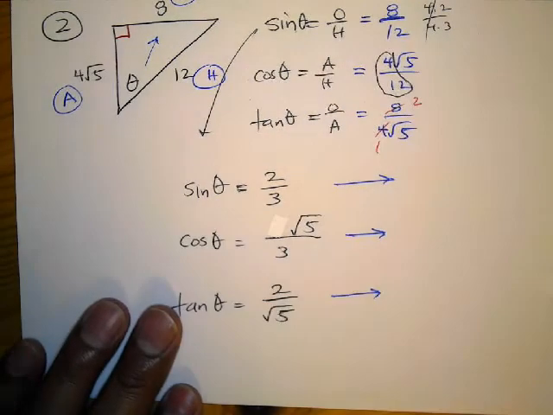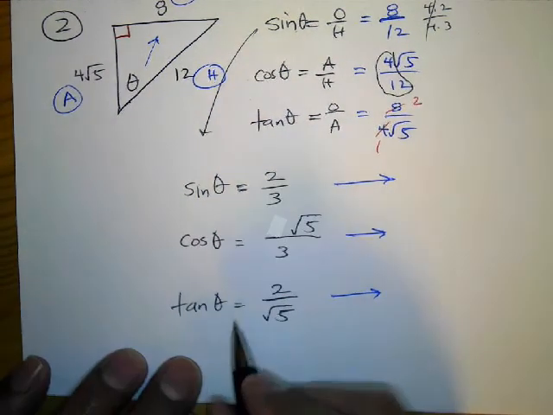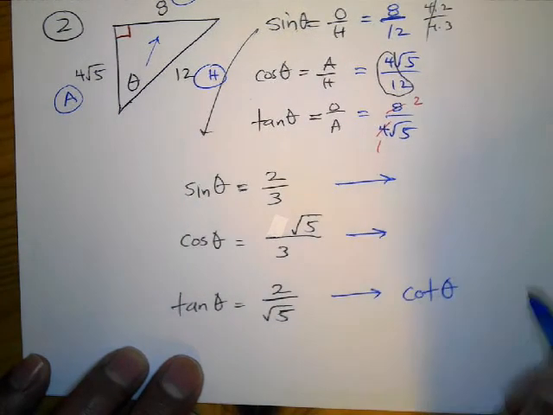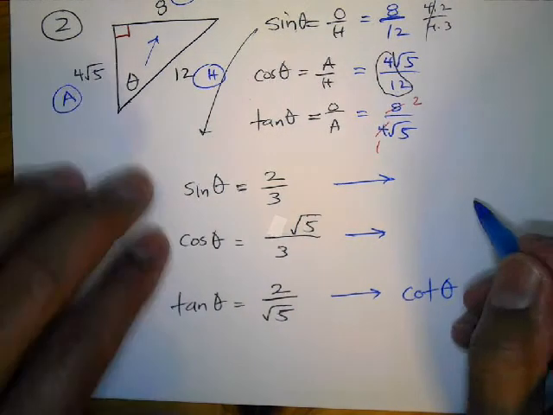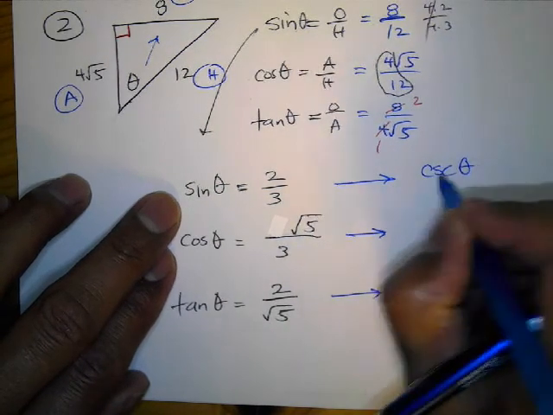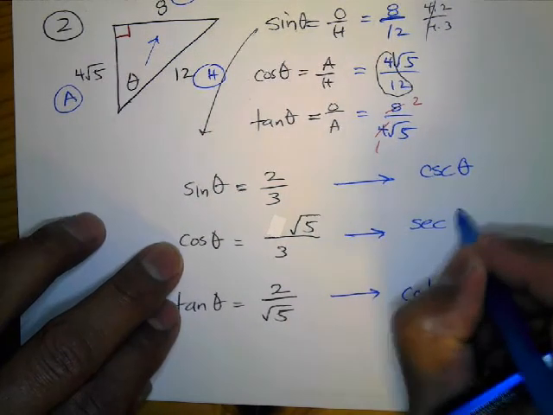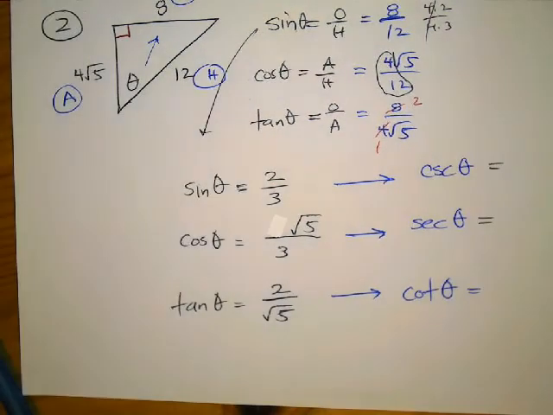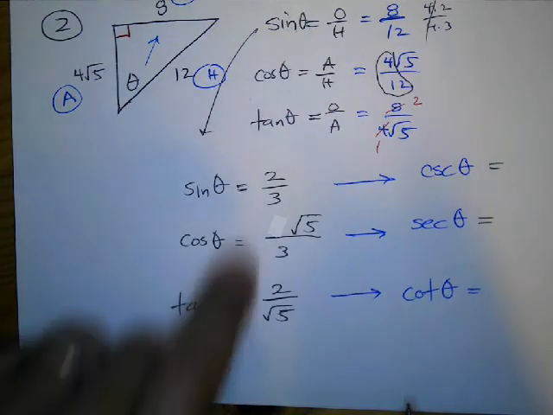Okay, so now, what are the reciprocal identities, or sometimes they call them reciprocal functions? Well, again, I like to start with tangent. Tangent is cotangent. And then I start up here. Sine is cosecant, right? They can't start with the same letter, and this one's secant. And there's going to be something new that's going to happen here, so pay attention.